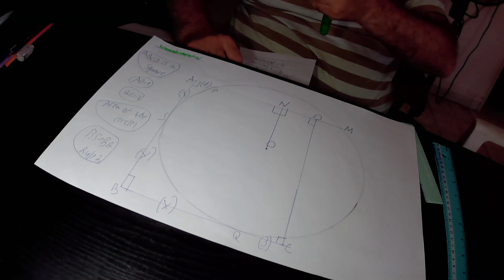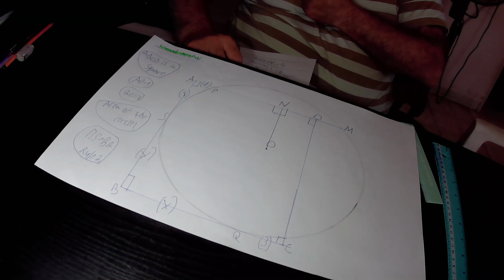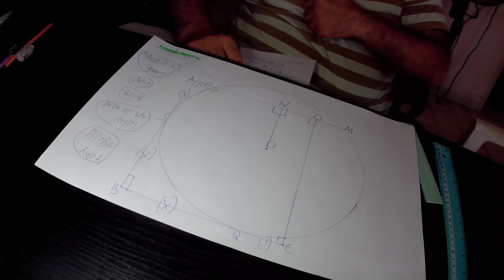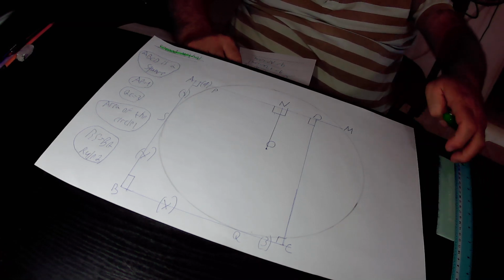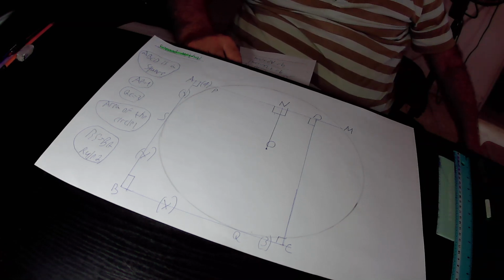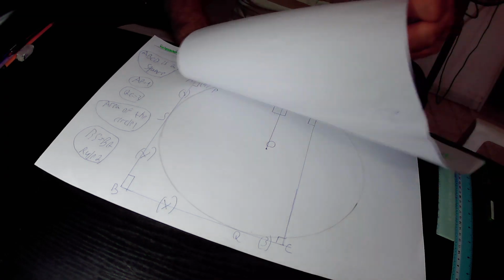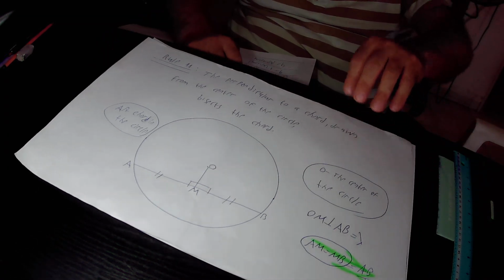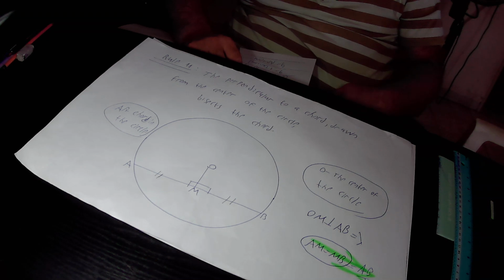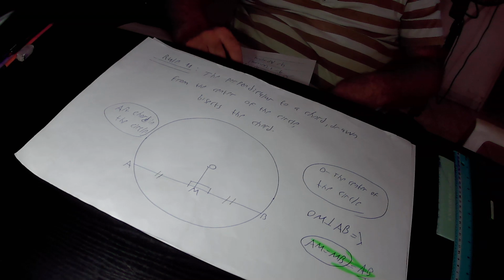And therefore, we can implement here rule 11. Whenever you draw a perpendicular from the center of the circle towards any chord, you can implement rule 11. So, I'll repeat quickly rule 11. According to rule 11, the perpendicular to a chord drawn from the center of the circle bisects the chord.